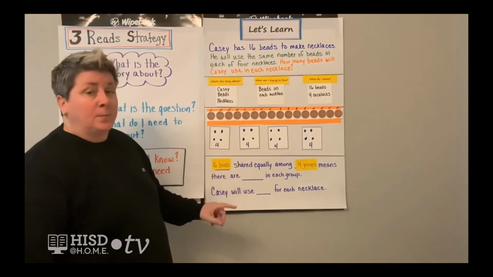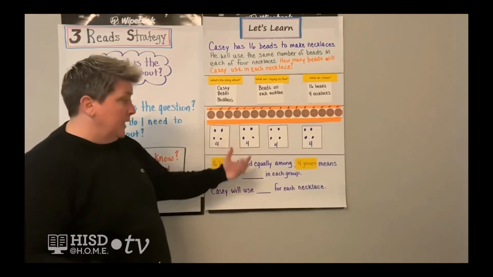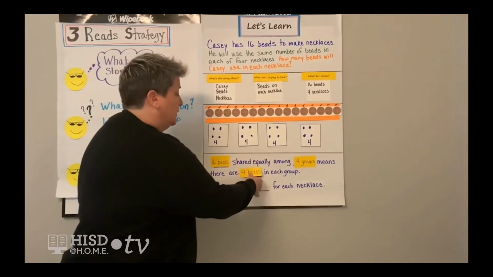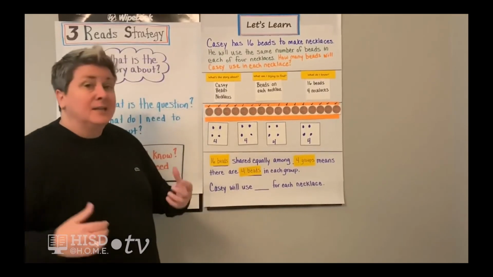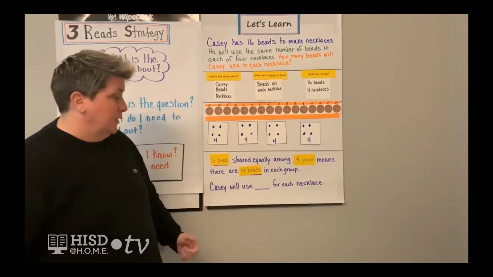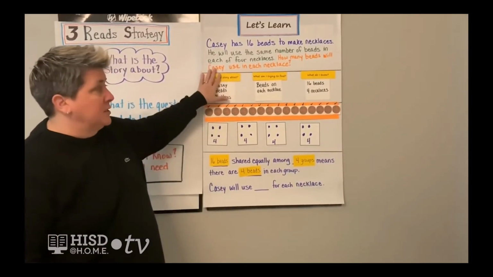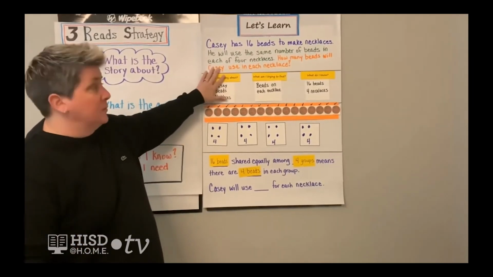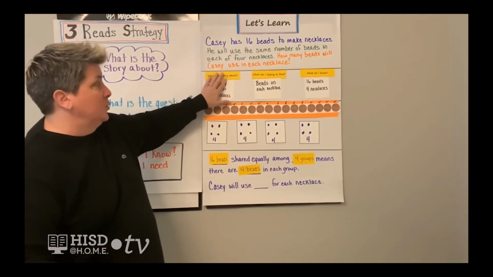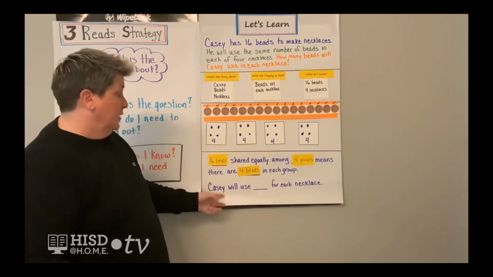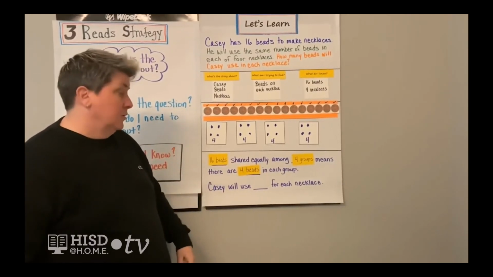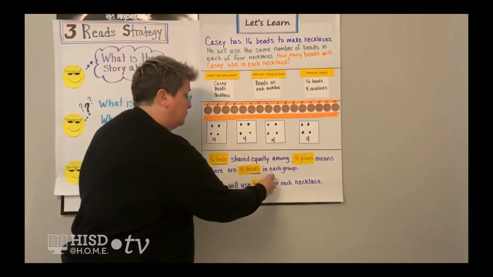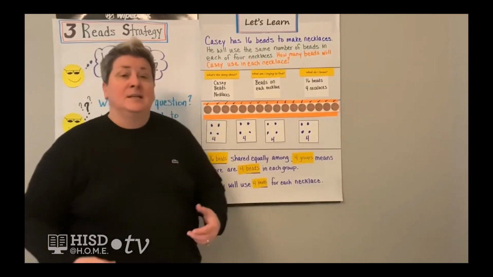If we look at our picture or our model, we're going to be able to see that there are 4 beads in each group. So now we can answer our question using a complete sentence. How many beads will Casey use in each necklace? Casey will use 4 beads in each necklace.